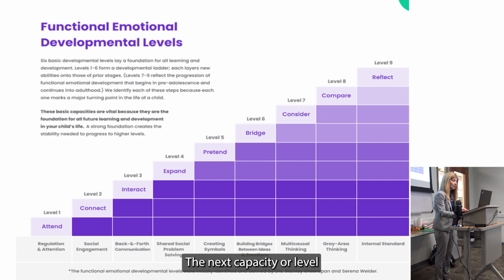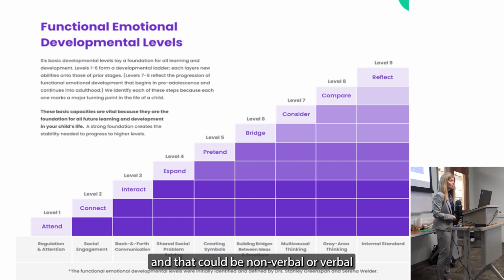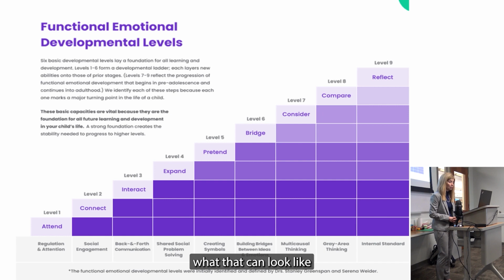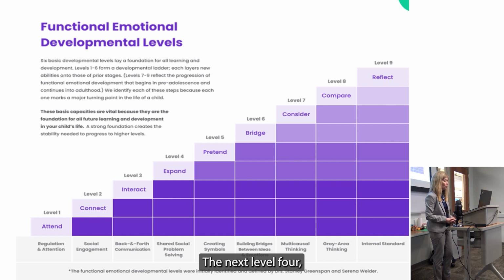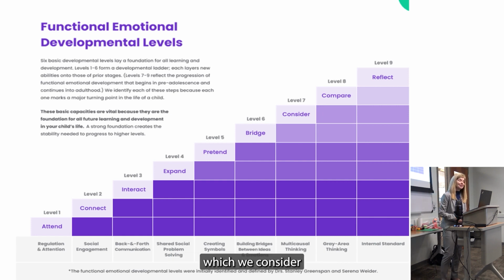The next capacity or level is back and forth circles of communication, and that could be nonverbal or verbal. And we'll talk about what that can look like depending on the age and stage of the client. The next level, level 4, is shared social problem solving, which we consider as the ability to expand.